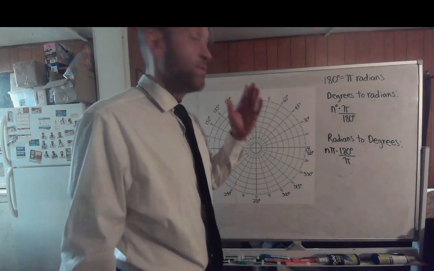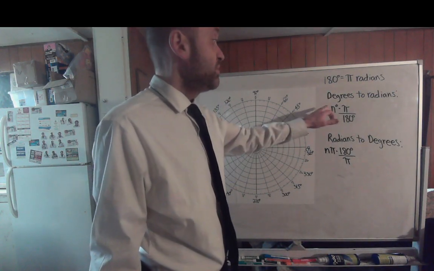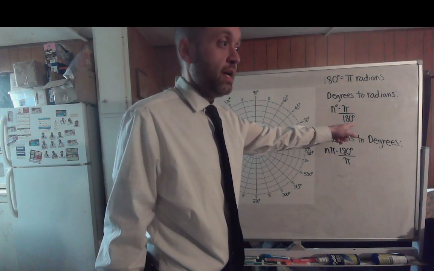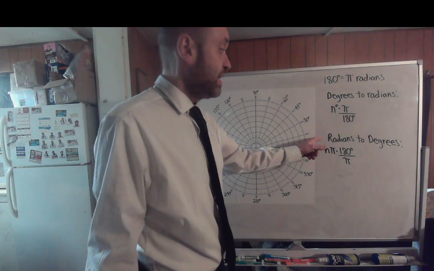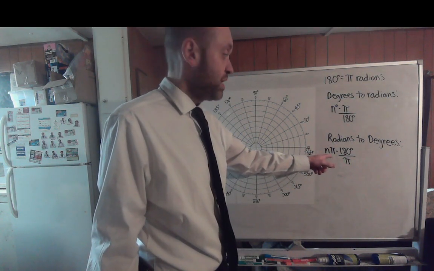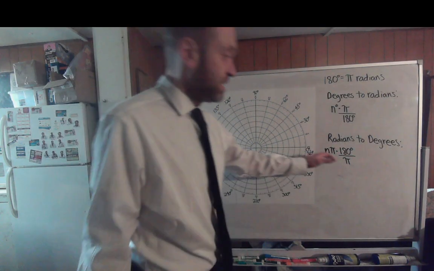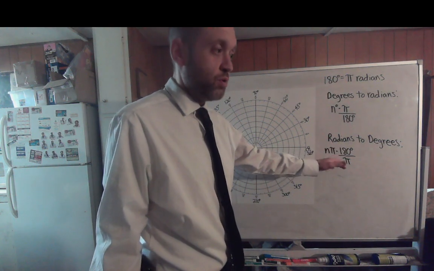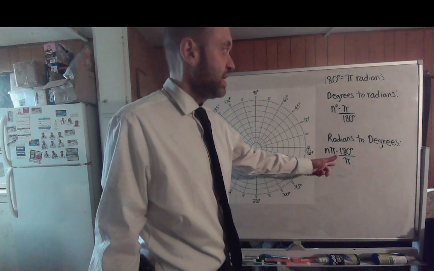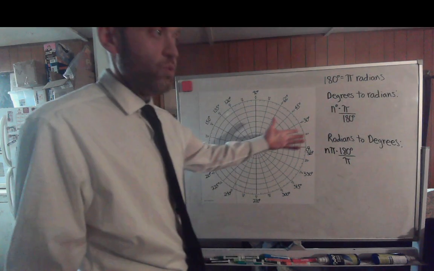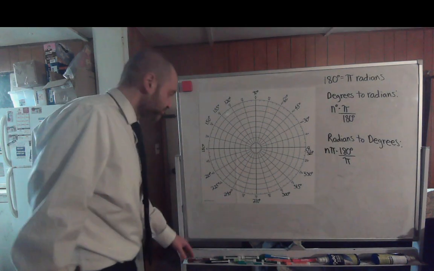You can convert from degrees to radians if you take the number of degrees times pi over 180. And you can convert back from radians to degrees by taking your pi radians times 180 degrees over pi. Basically, get the pi to cancel out and you'll get a multiple times 180, you'll get your degrees. When you convert from degrees to radians, your degrees will cancel out and you'll get some multiple of pi.